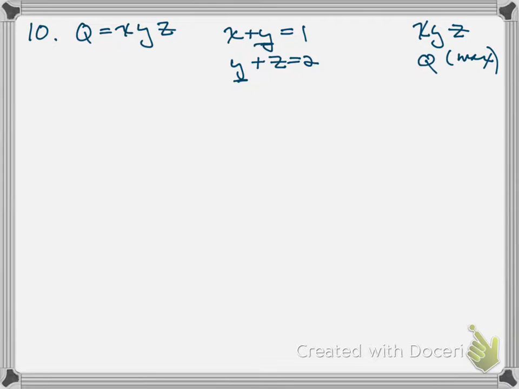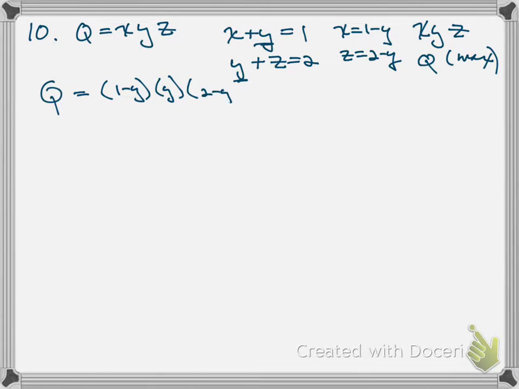Okay, so what I know is that x equals 1 minus y, and I know that z equals 2 minus y. So I'm going to change my objective function so that it's all in y. So this is 1 minus y, this is y in the middle, and then z is going to be 2 minus y. Okay, so I have all of those.